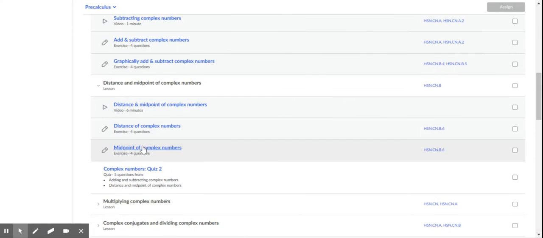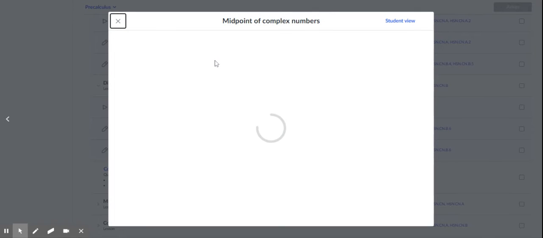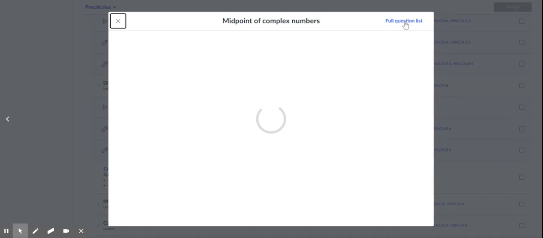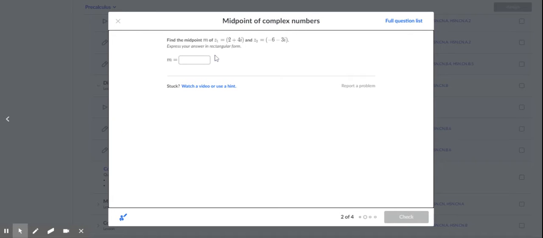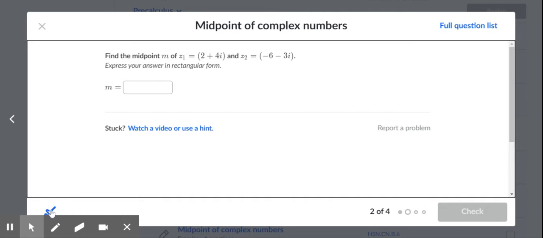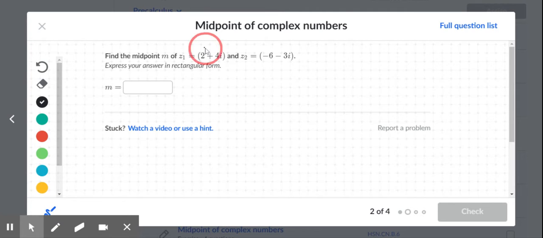The last assignment is the midpoint of complex numbers. If we're finding the midpoint of two complex numbers, we're finding the average in between each part. So let's compare the two real parts of the complex numbers.